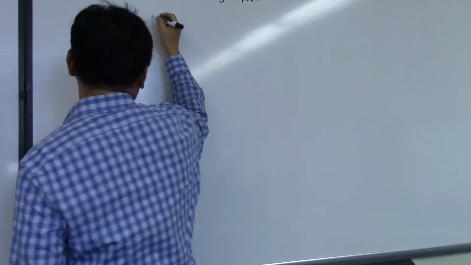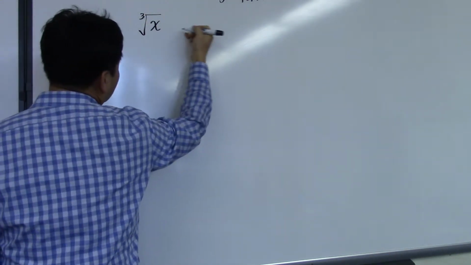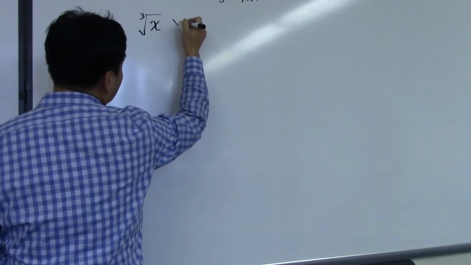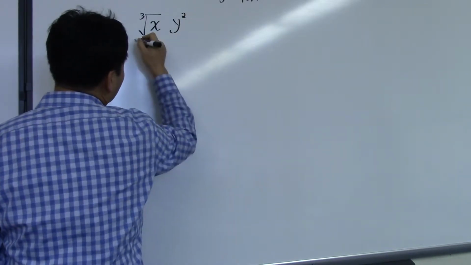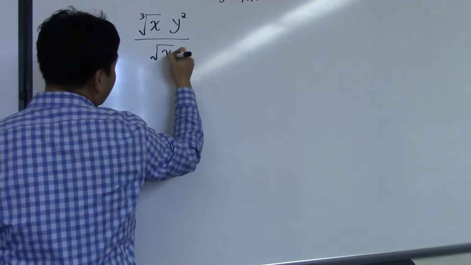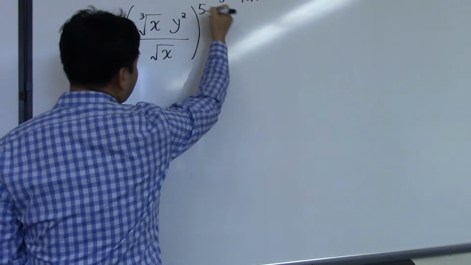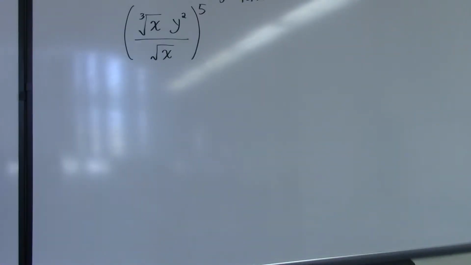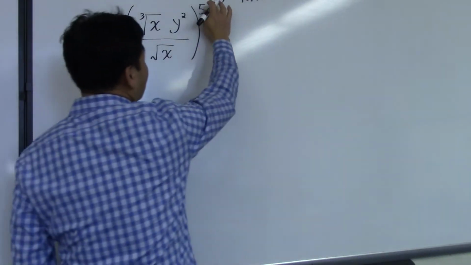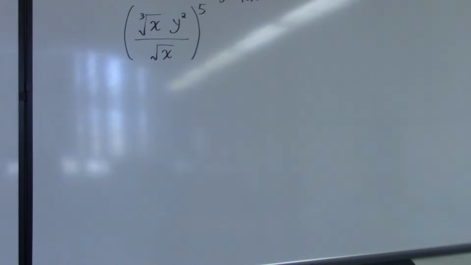So the goal is to change this into x to some power times y to some power. How do we do that? That's the question.